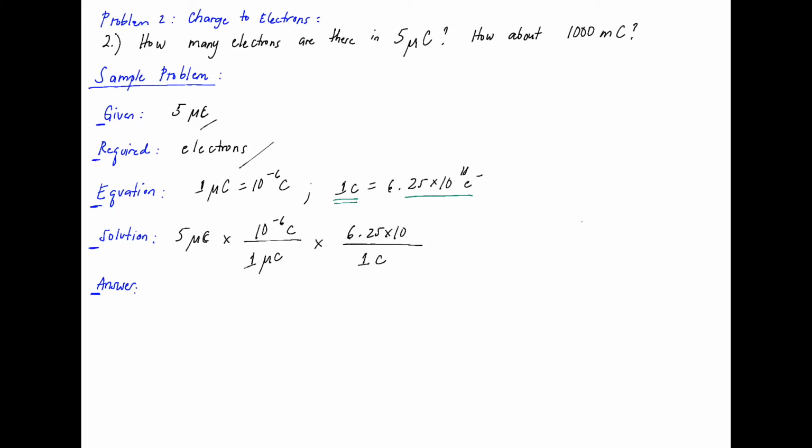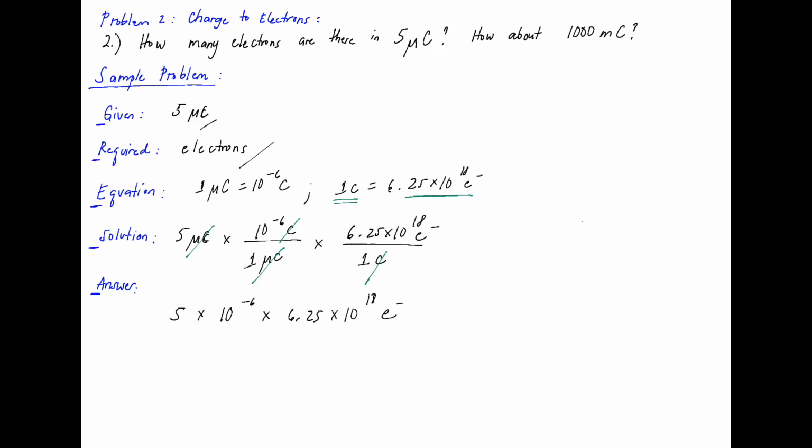And as you can see, I can cancel now my units. So cancel the microcoulomb, coulombs could be cancelled by the coulombs. And solving now, we have here 5 times 10 raised to negative 6 times 6.25 times 10 raised to 18, and then we have here the electrons as our unit.